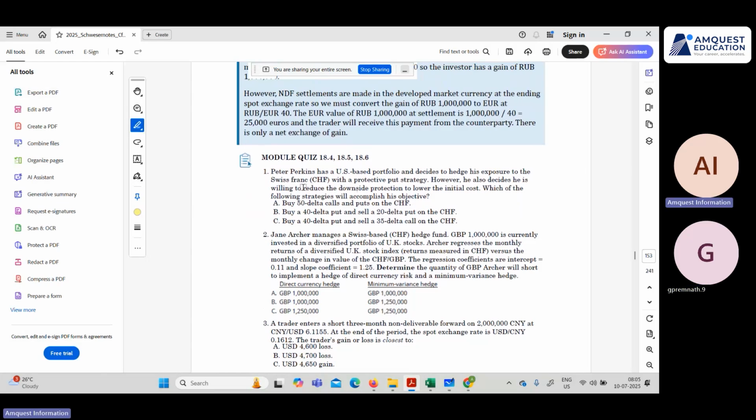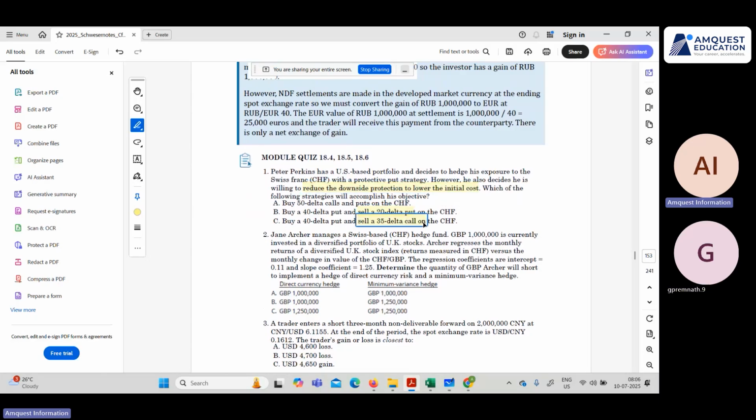So when it says willing to reduce the downside protection to lower the initial cost, it clearly means that they want us to sell the put. Yeah. Okay, because this will reduce my downside. Yeah. As I said, nothing can be ambiguous. They will always give you some information, so they'll let you know, because the cost is reducing here too.